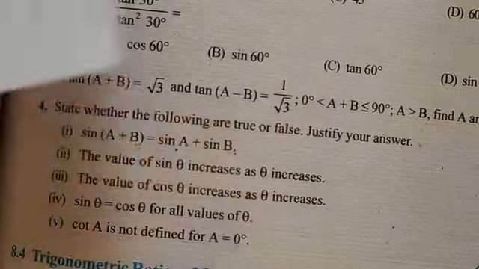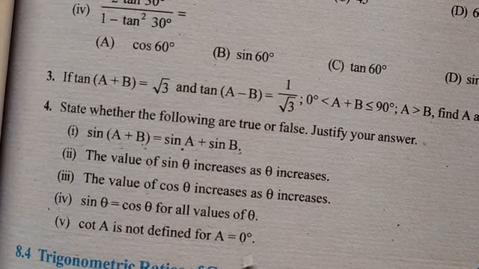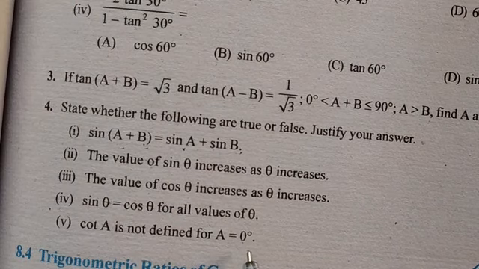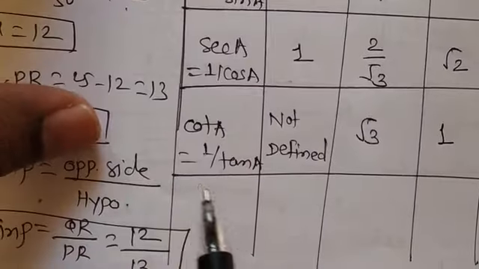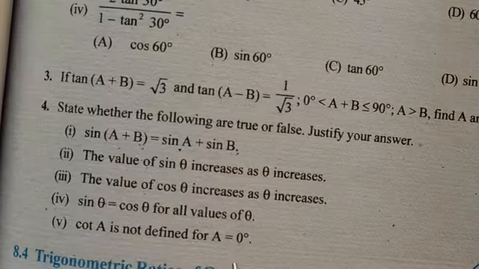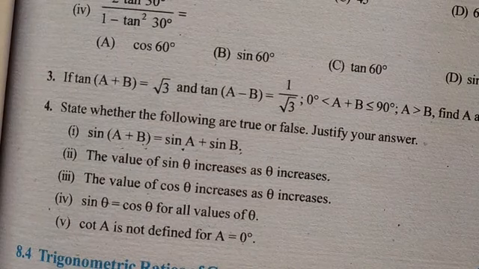So sin theta and cos theta are equal only for 45, otherwise it is false. Then, cot theta is not defined for theta equal to 0. Check it. Cot theta for 0 is not defined, and hence it is true.